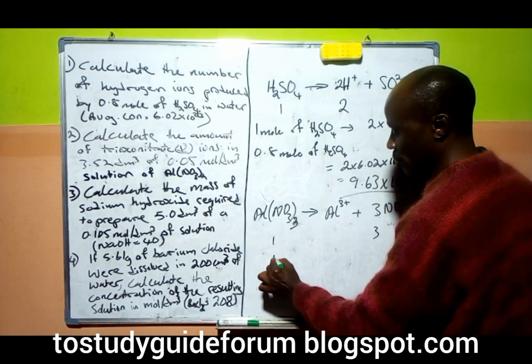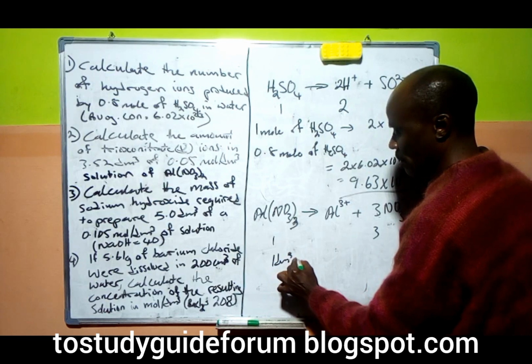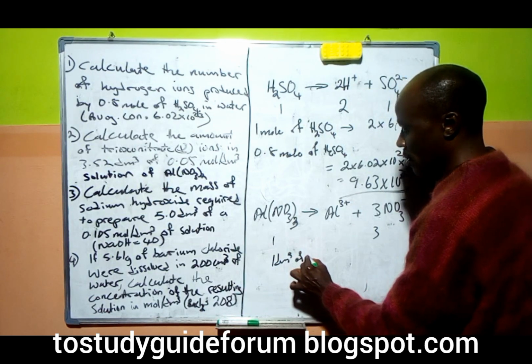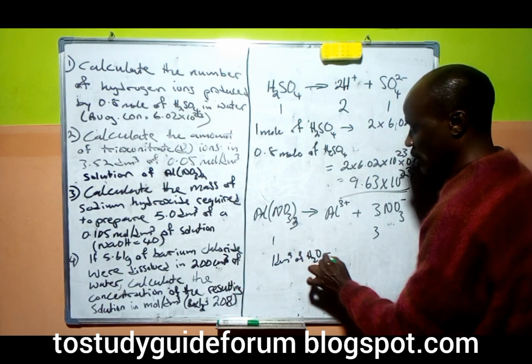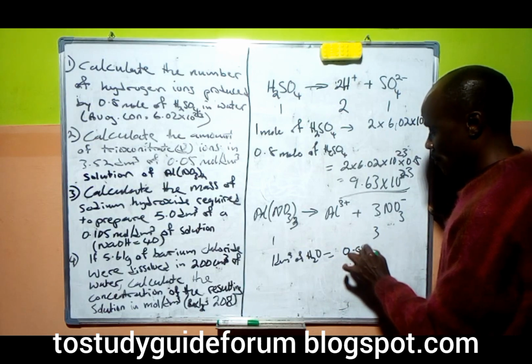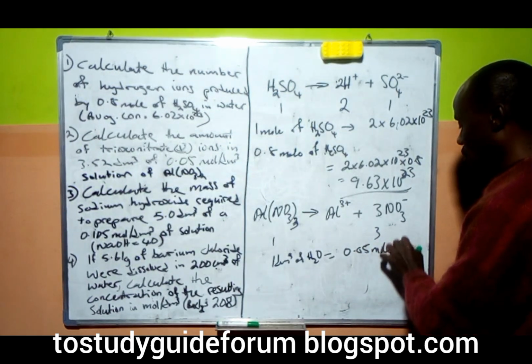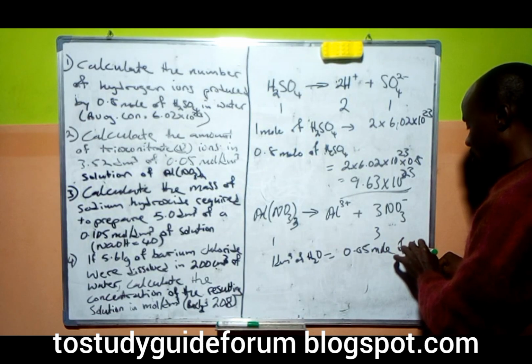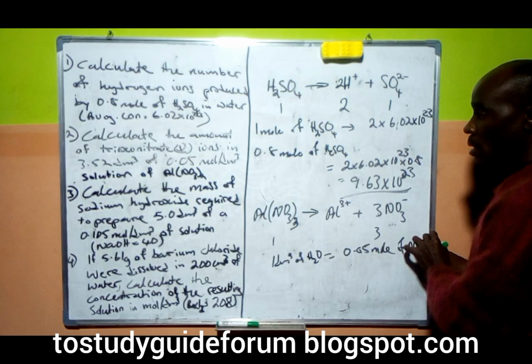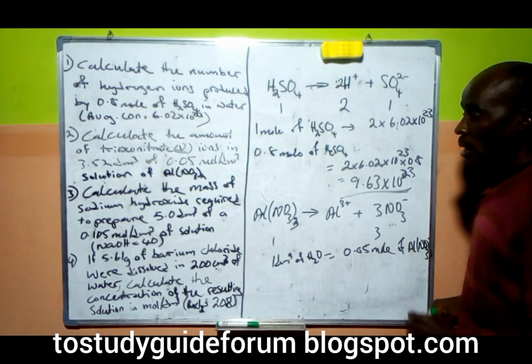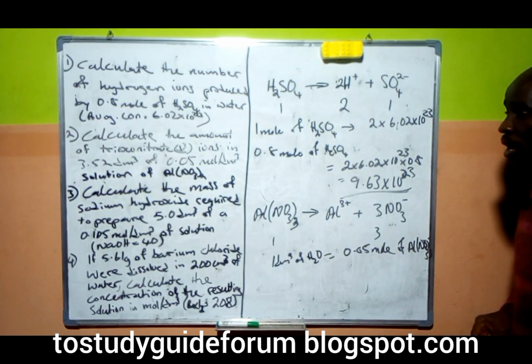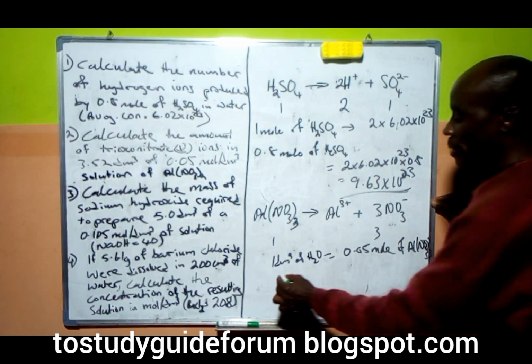It means that 1 dm cube of water contains 0.05 mole of aluminium trioxonitrate.